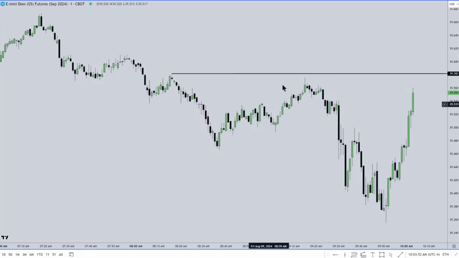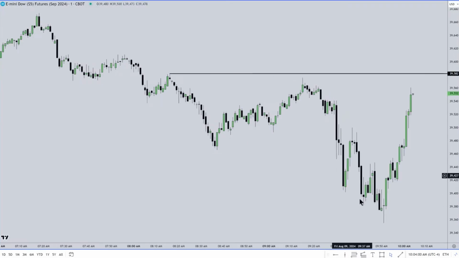So I think it's reasonable to see the Dow go up and disrupt this smooth area here, because what's happened down here? This is all that jaggedness, right? So this down here is smooth. So to me, it just makes sense for them to get all of this smoothness disrupted.